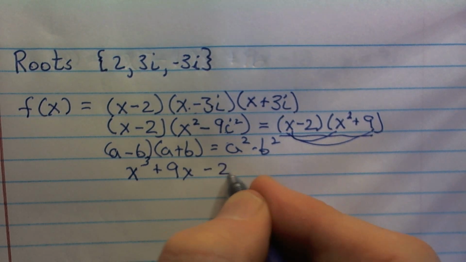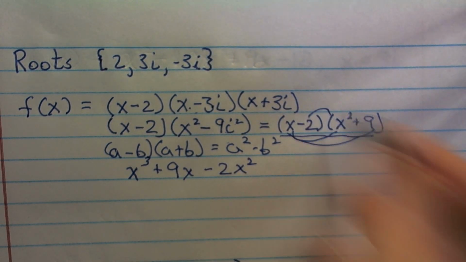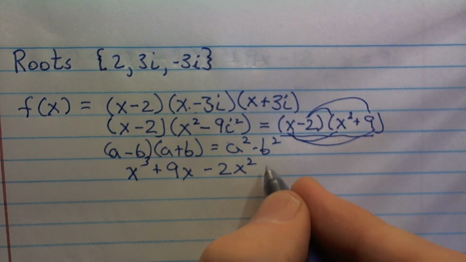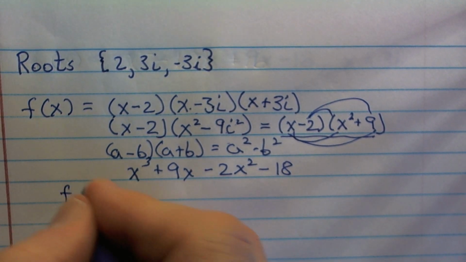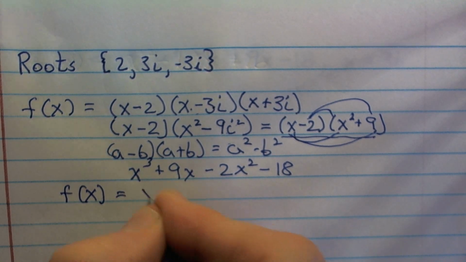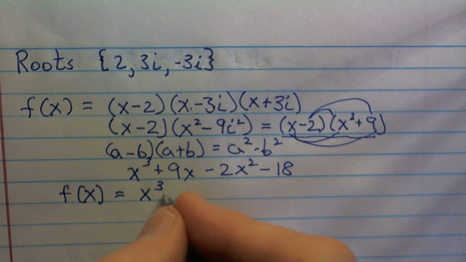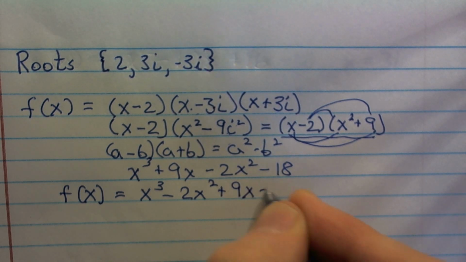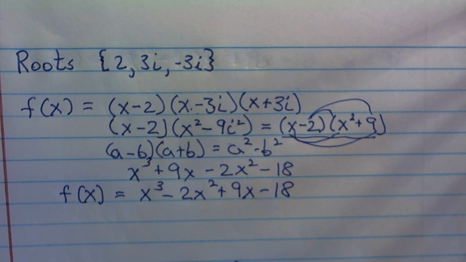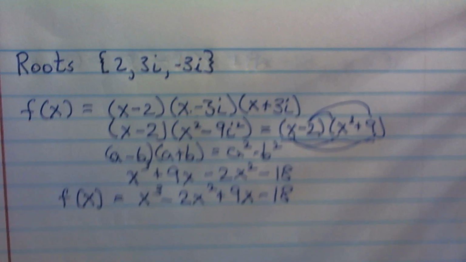Minus 2x squared. And then minus 18. So here is the polynomial that I wanted. I've got x cubed minus 2x squared plus 9x minus 18. There we go. So that's the polynomial with these zeros here.